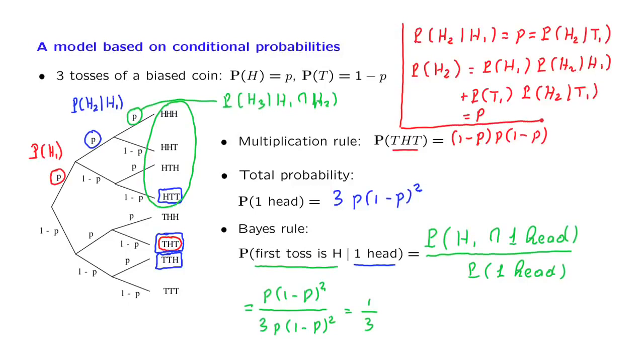So the unconditional probability of heads in the second toss turns out to be the same as the conditional probabilities. Again, knowing what happened in the first toss doesn't change your beliefs about the second toss, which were associated with this particular probability p. So what we're going to do next is to generalize this special situation by giving a definition of independence of events, and then discuss various properties and concepts associated with independence.